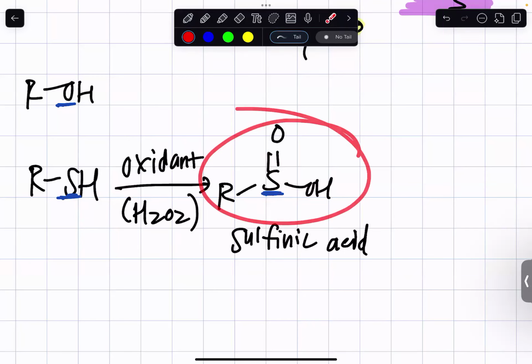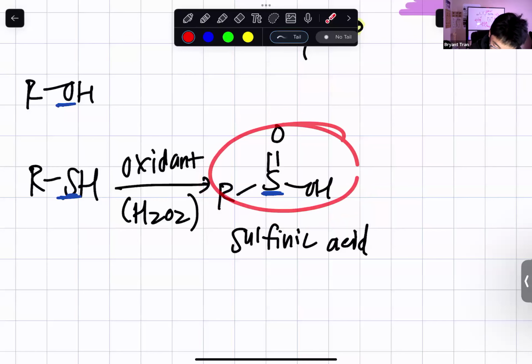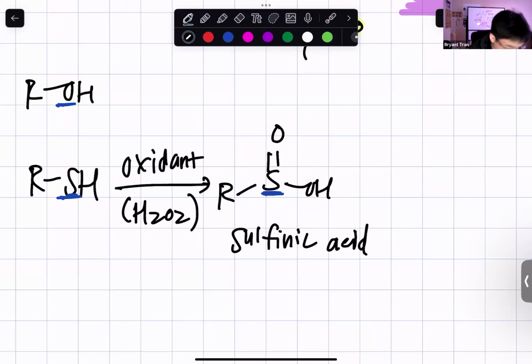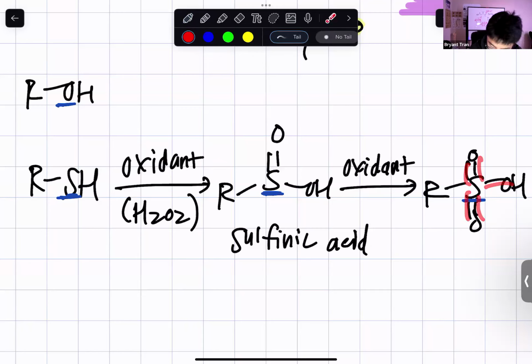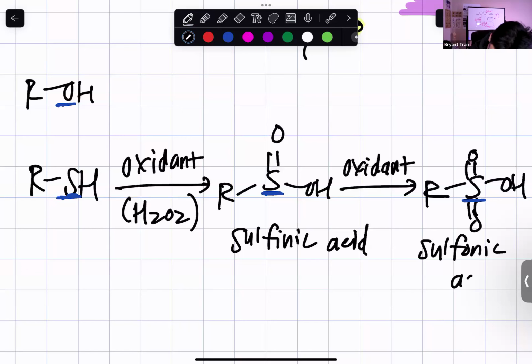This is not the most oxidized form of this sulfur atom because we can add even more electronegative atoms. If we add a stronger oxidizing agent, that's going to oxidize the sulfur atom even more into sulfonic acid, where this sulfur atom now has 1, 2, 3, 4, 5 bonds to oxygen, which is even more bonds to an electronegative atom.